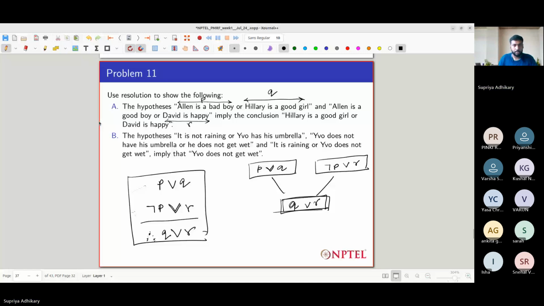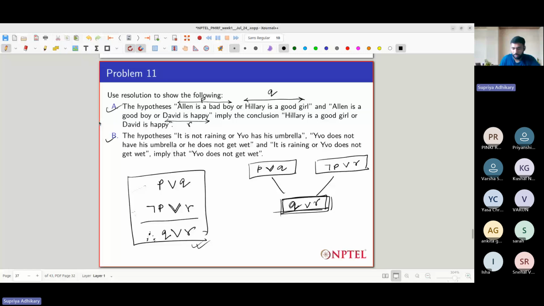Now, let's solve the second one, and we will use another method of verifying this kind of statements using resolution. Okay, so it is not raining, or UFO has his umbrella.